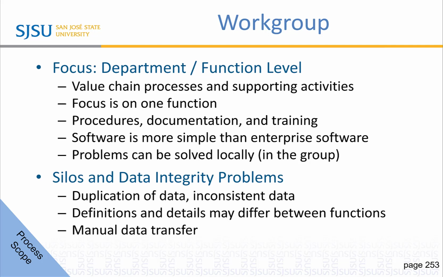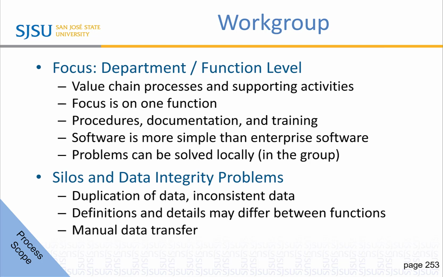A process such as this is focused on a single function, so you only need buy-in from the managers that are actually in a particular department that's implementing the software, and only their employees need to be trained on the new system. This is important because a change in systems often means a change in procedures and possibly a change in employees who might need new skills.